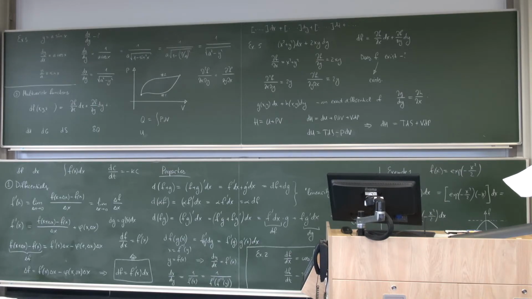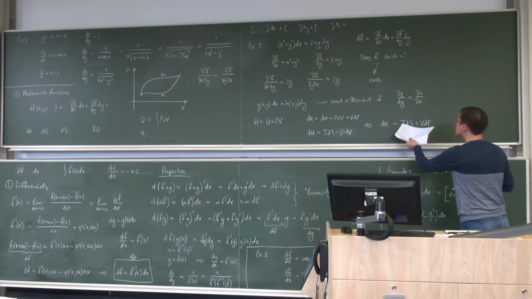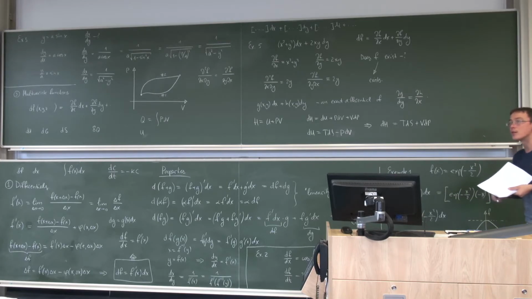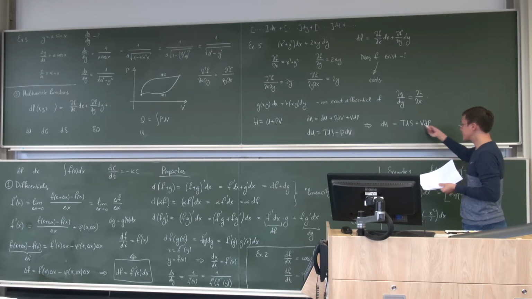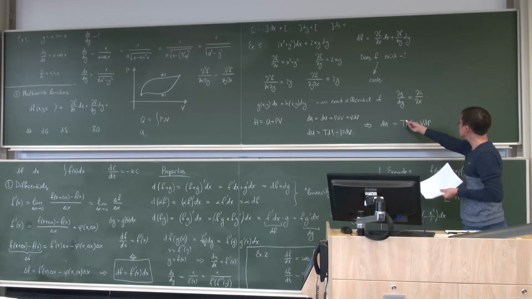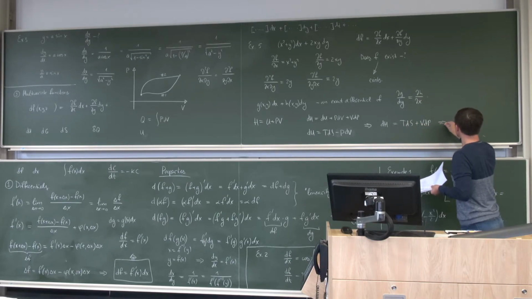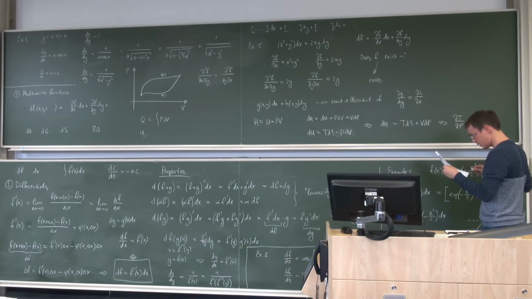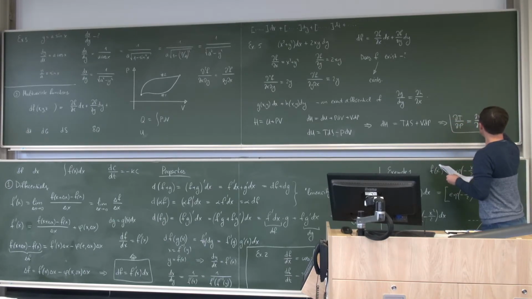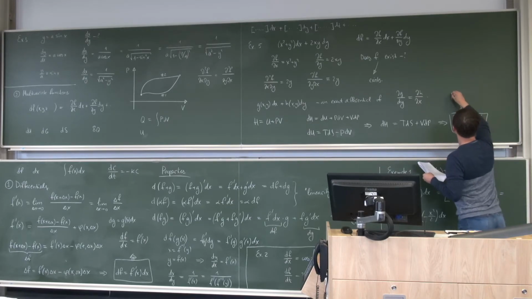What this then does is place constraints on the derivatives of temperature and volume with respect to these parameters. Since this must be an exact differential, dT by dP must be equal to dV by dS. And these are called Maxwell's relations.